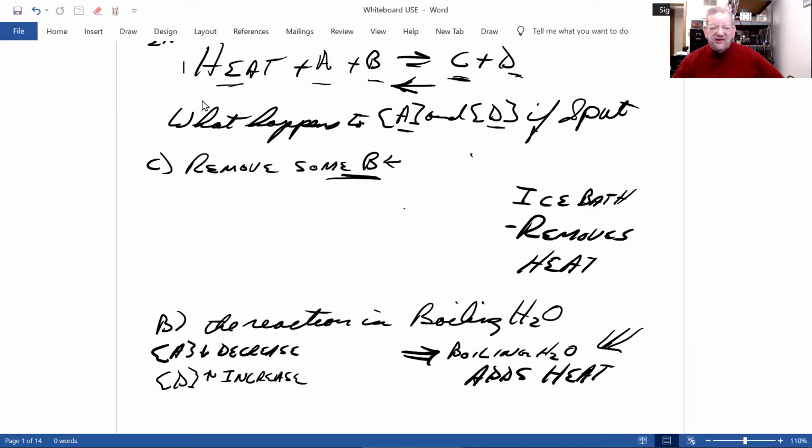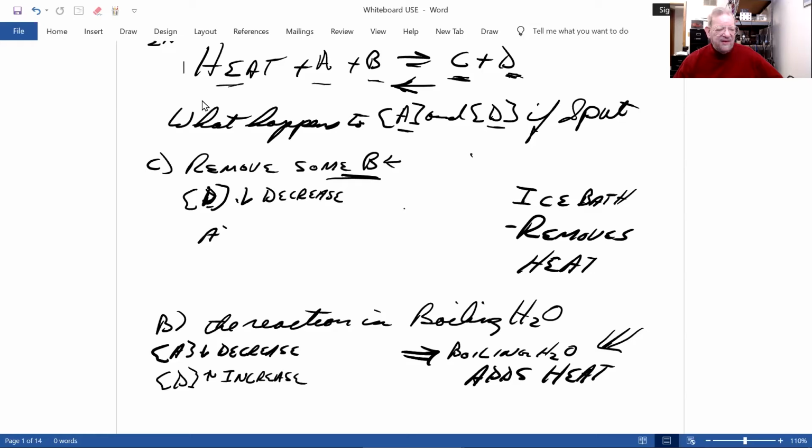Therefore, if C and D react, when something reacts, it's consumed. And when something is consumed, that's D, you have less. The amount you have decreases.